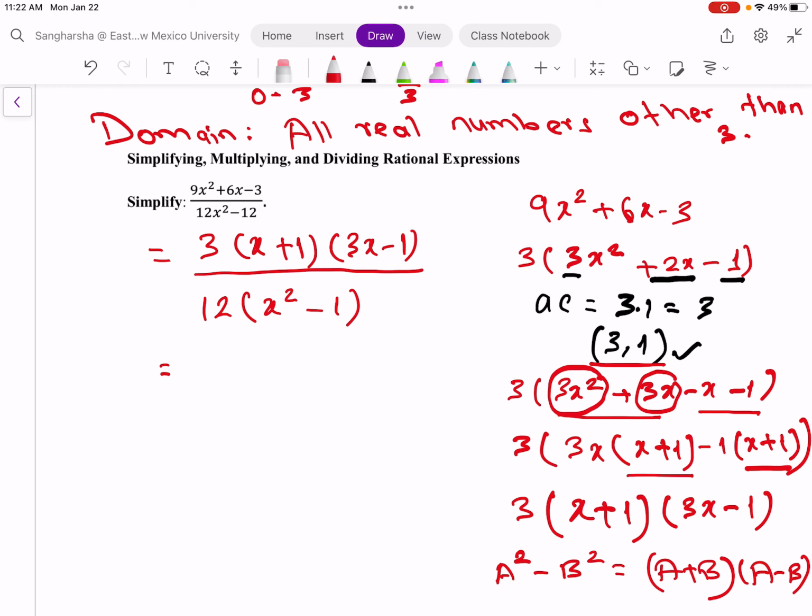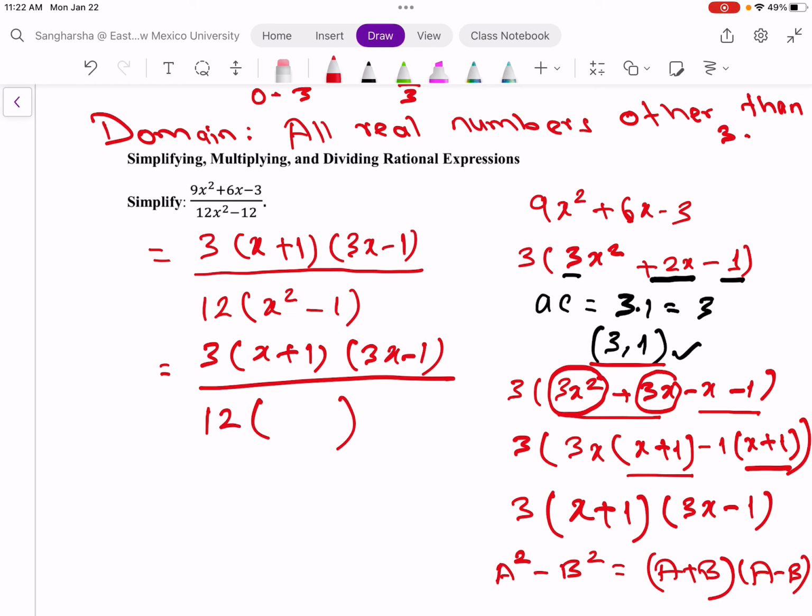So you can rewrite 1 as 1 squared. Let me rewrite the numerator as it is, divided by 12. Now for x squared minus 1, you can also use FOIL, it is still the same thing. To get x squared, our first term has to be x.